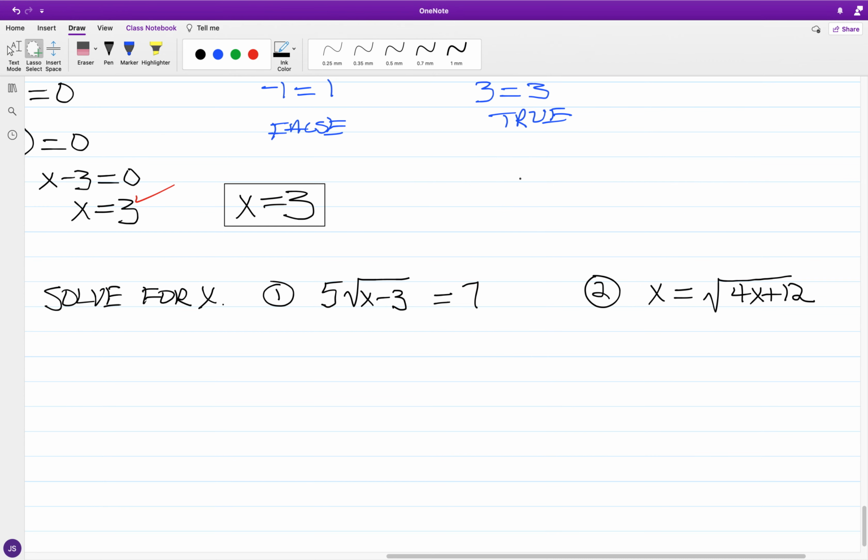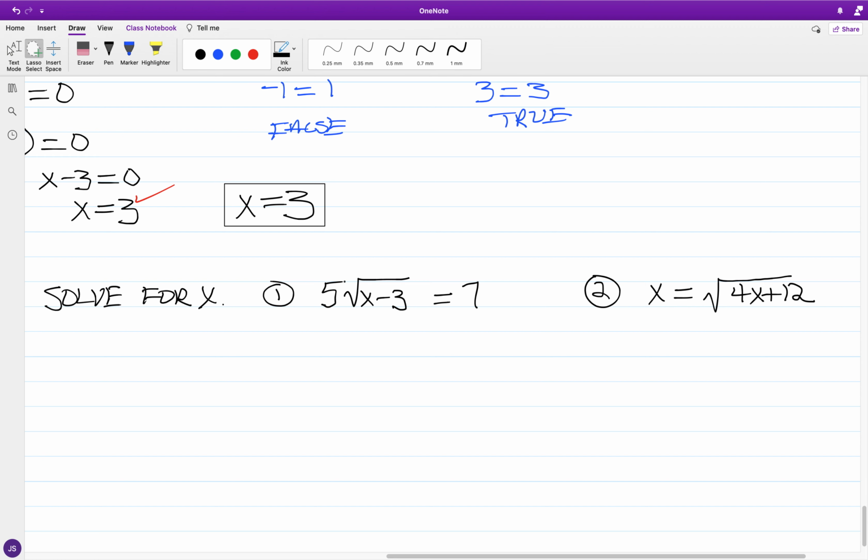Okay, for these two problems, we are involving the use of square roots. So for both of these, in a sense, the principal square root rule is going to have to be complied with. Okay, so in the first item, we have 5 times the square root of x minus 3 is equal to 7. And again, the square root of an expression cannot reduce to a negative constant.